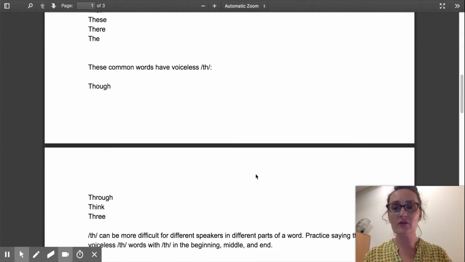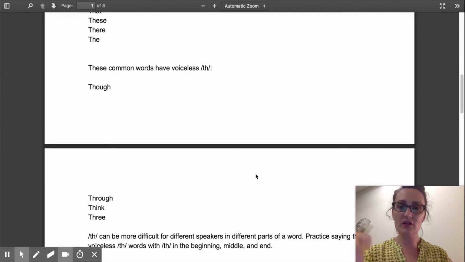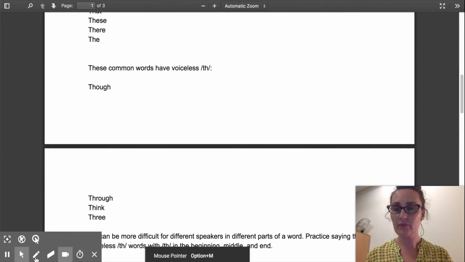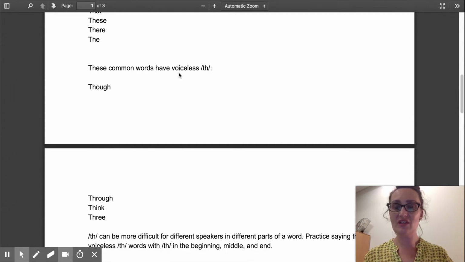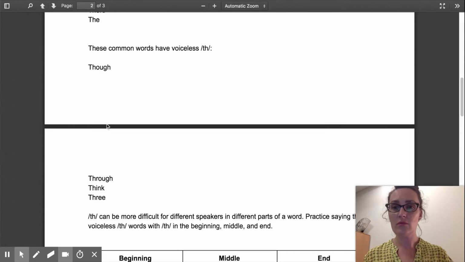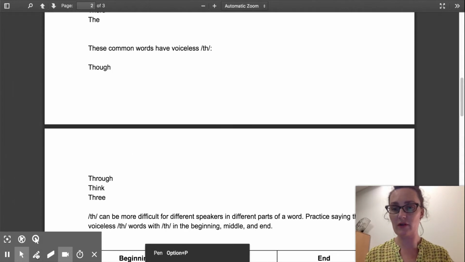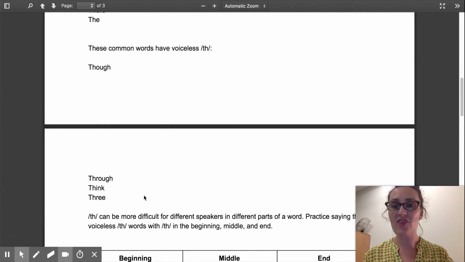The next little list here, we're using the voiceless TH. And that is an incorrect one, so don't look at this one. I need to correct that. Through, think, three.